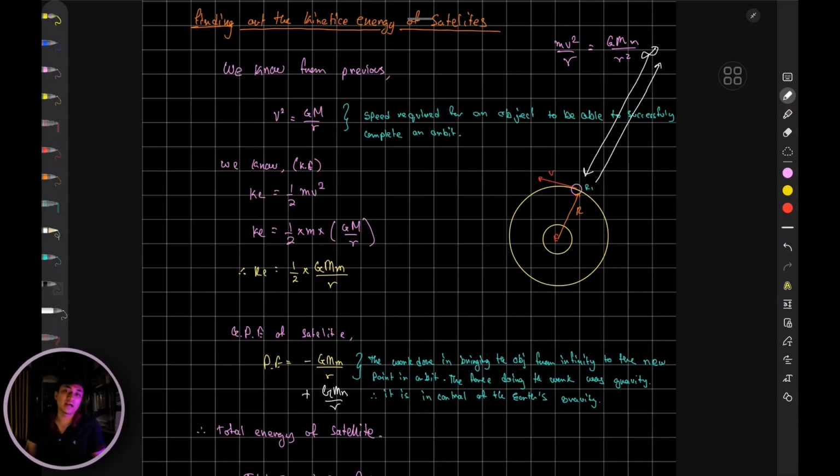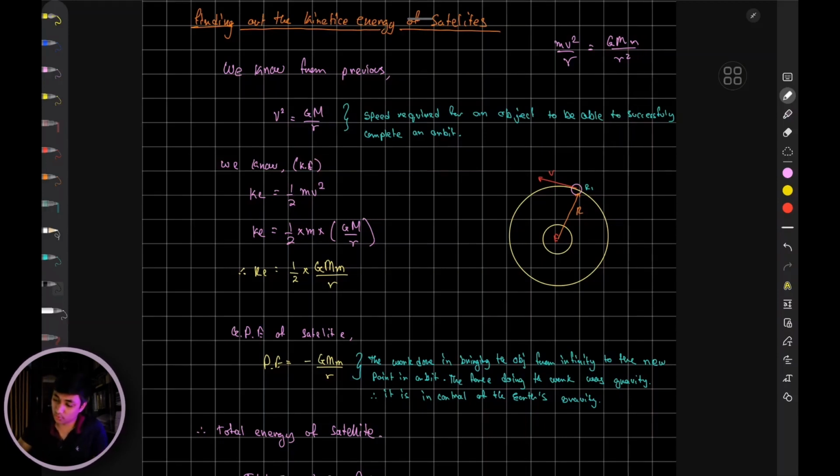I will do extra work on it, providing exactly that amount of energy, such that it will go to infinity. At infinity, the potential energy and the field strength of Earth is 0 because it is infinitely far away. Therefore, it is free of Earth's gravity. It has escaped Earth's gravity.